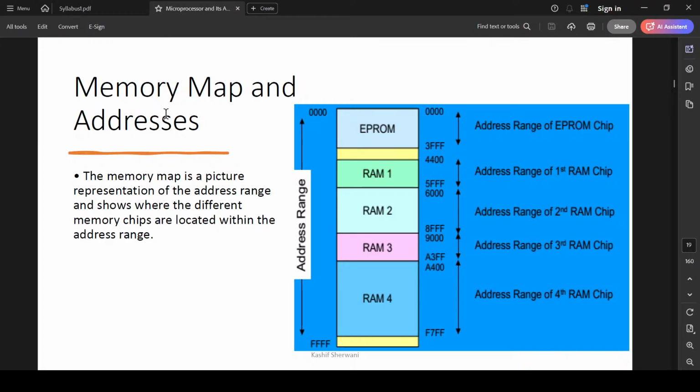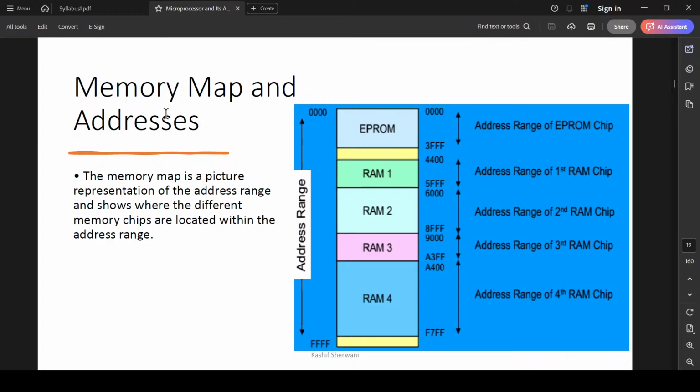The EPROM starts from 0000 till 3FFF, RAM 1 starts from 4000 till 5FFF, RAM 2 starts from 6000 till 8FFF, RAM 3 starts from 9000 till A3FF, and RAM 4 starts from A400 till FFFF.